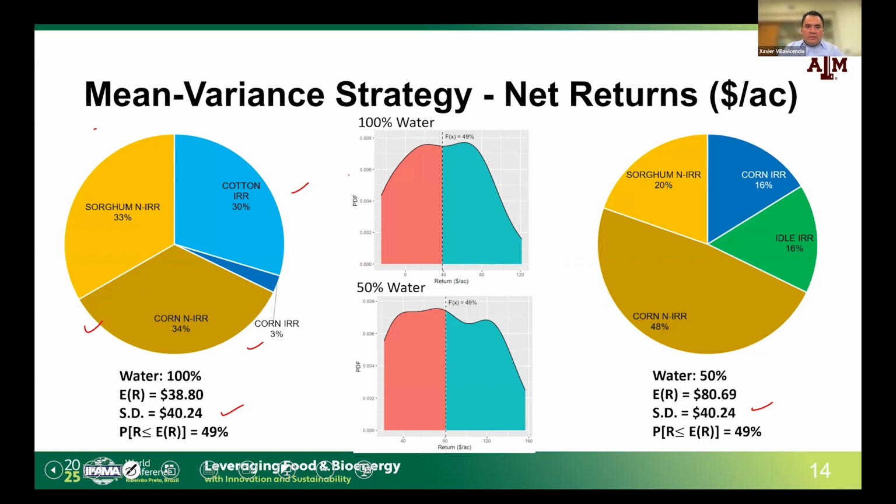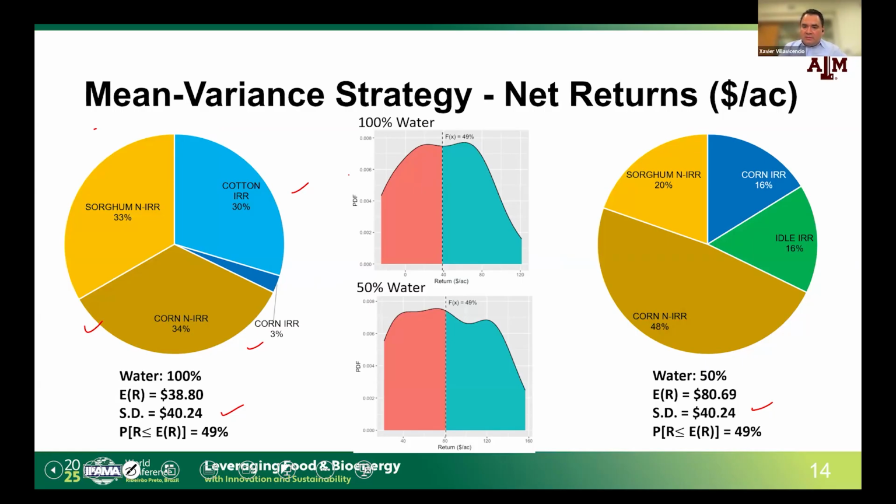This distribution says that when using the mean variance strategy, we have to basically split my production between cotton irrigated, cotton non-irrigated, and sorghum non-irrigated. And what happens if we have less water? For example, this is an arbitrary value, 50% less water.